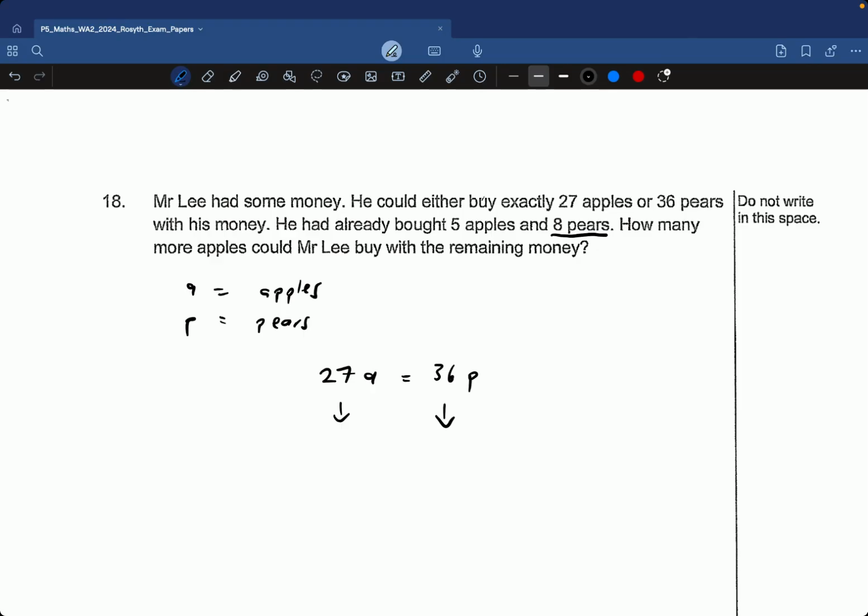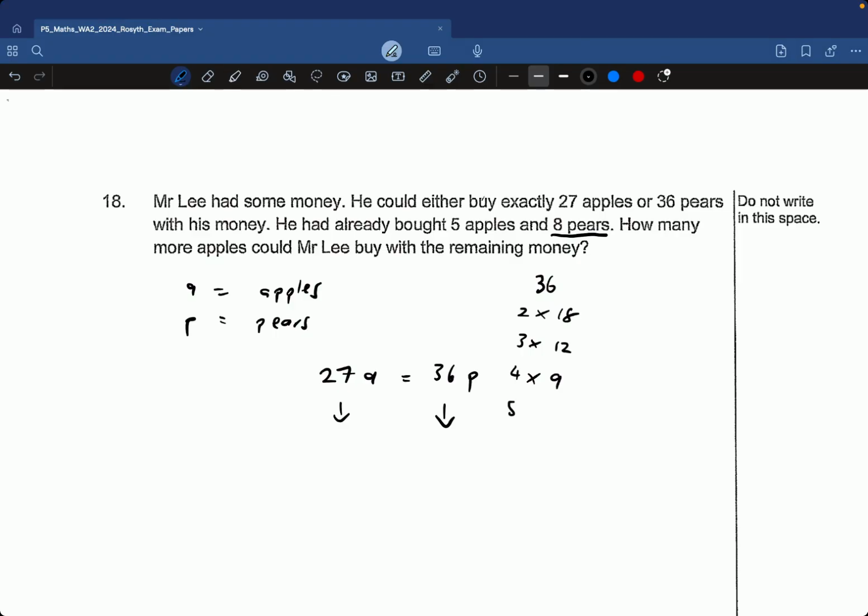So right now, 36 pears. So 36, what is the multiple? 2 times 18, 3 times 12, 4 times 9. If this is 4 times 9, we can actually have 8.